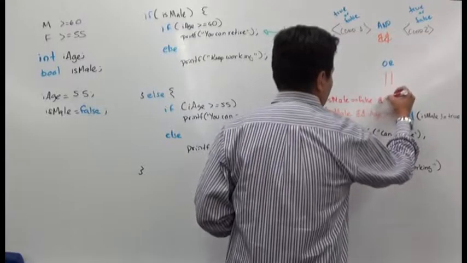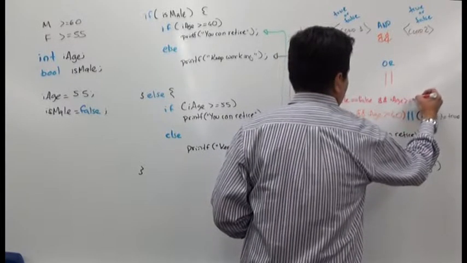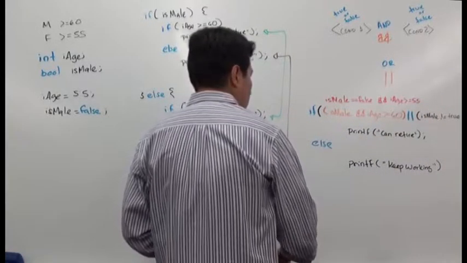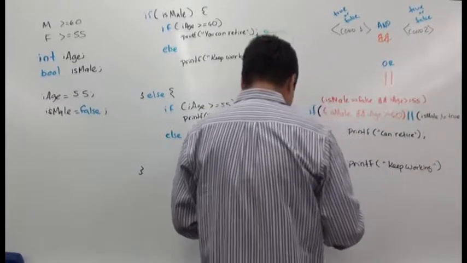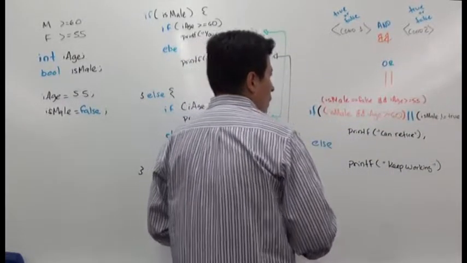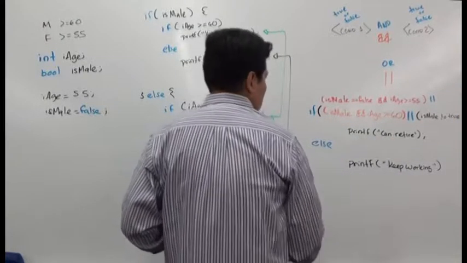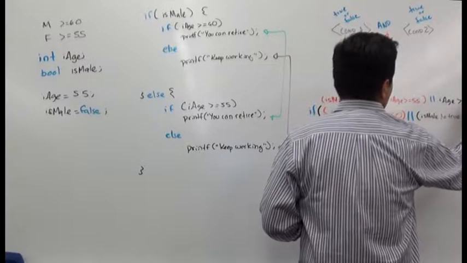And age greater or equal than 55. That's 1. Or the person is already over 60.